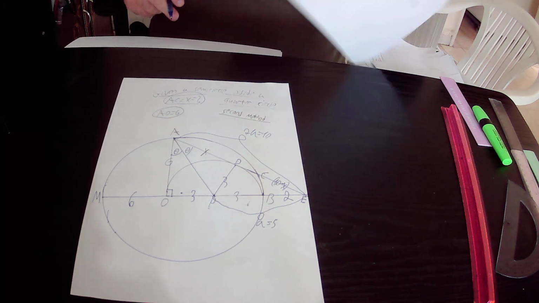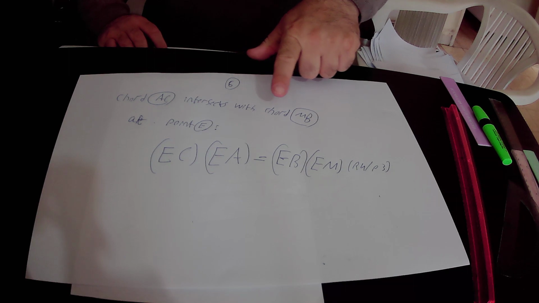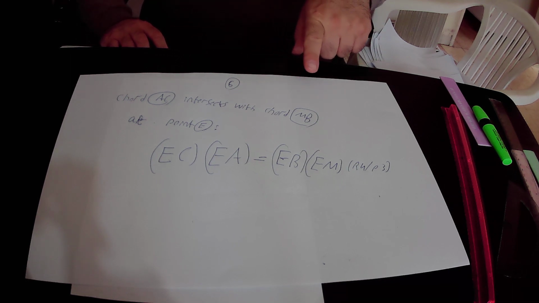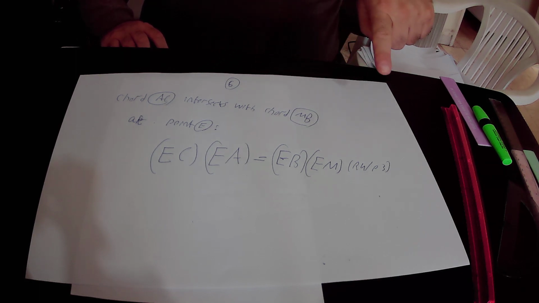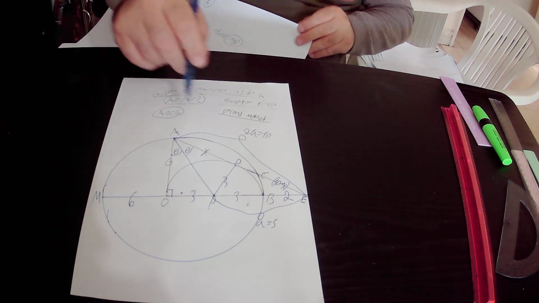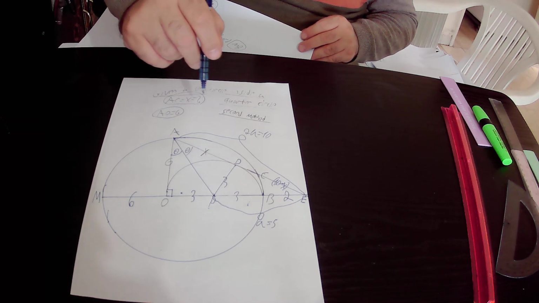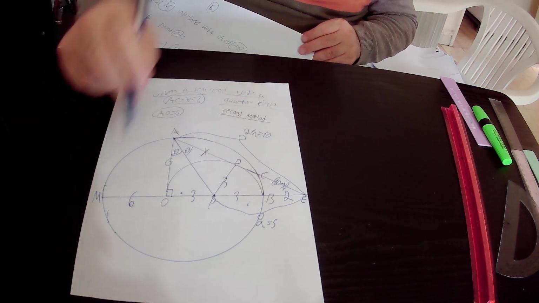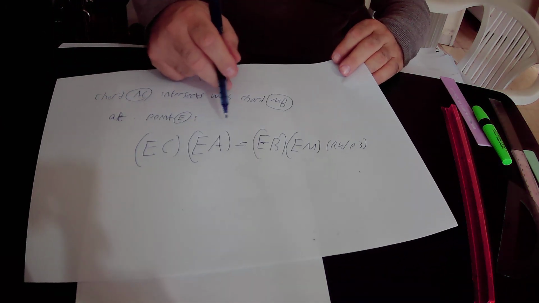Because chord AC intersects with chord MB at point E, according to rule number 3, EC times EA equals EB times EM.